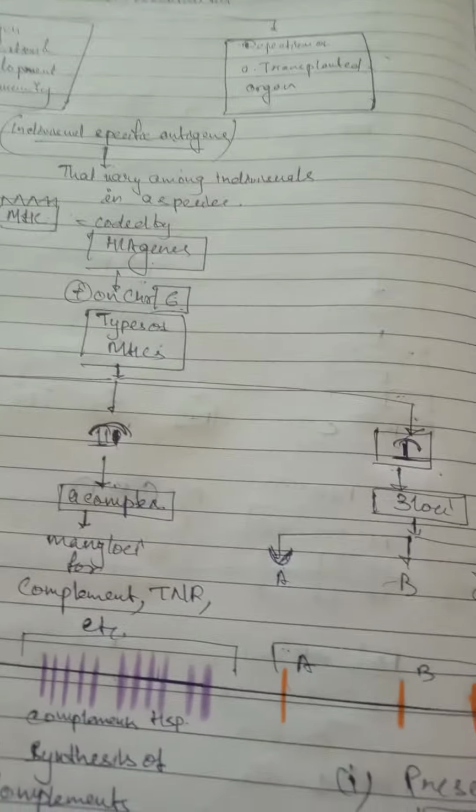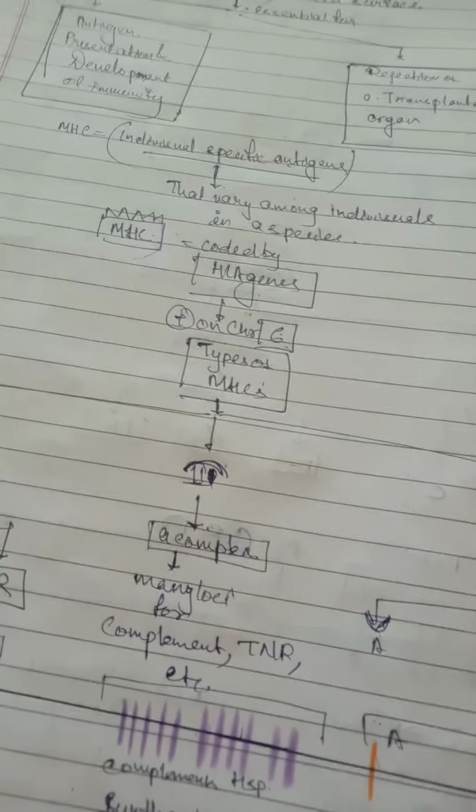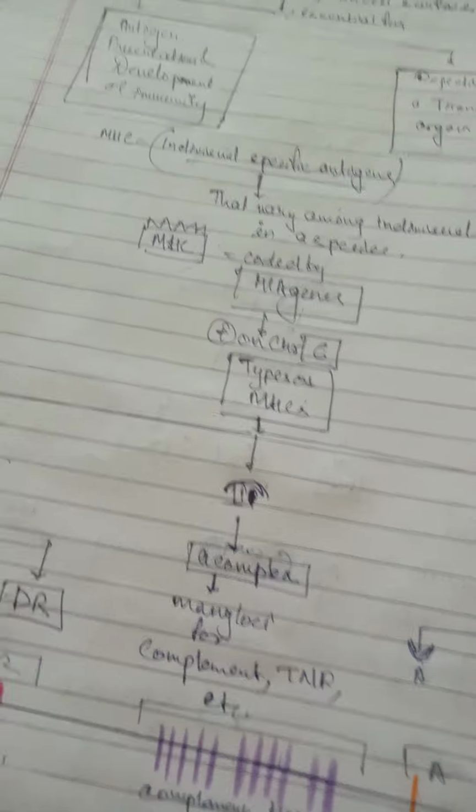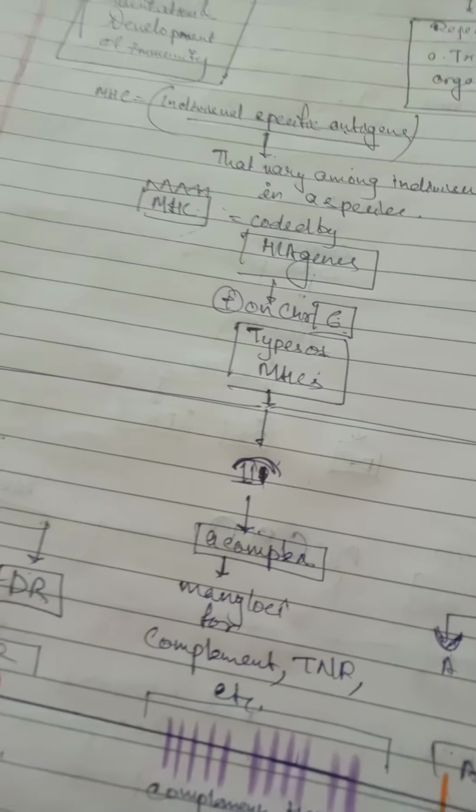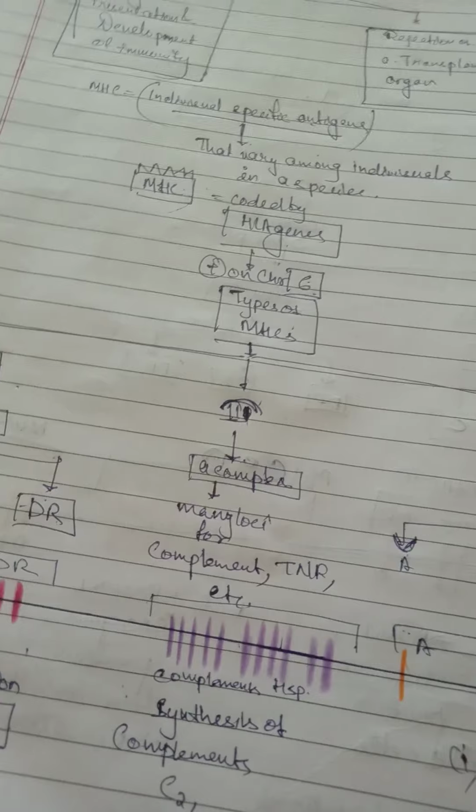But endogenous proteins are those proteins that are synthesized inside our cell. It can be an intracellular organism, an obligate intracellular organism like Mycobacterium tuberculosis, or a facultative intracellular organism, that is, an organism which is usually extracellular but has the potential to grow and replicate inside the cell.